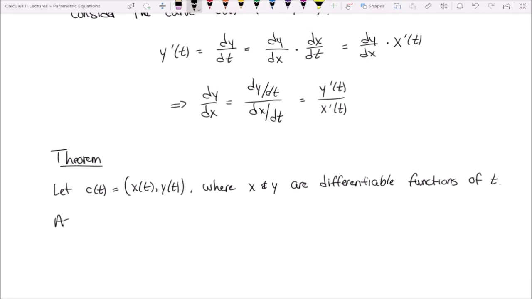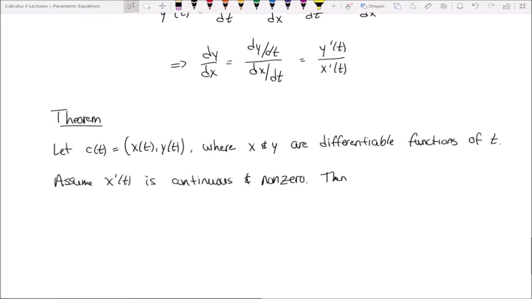Furthermore, assume that x prime of t is continuous and non-zero. Then dy dx is equal to dy dt over dx dt.